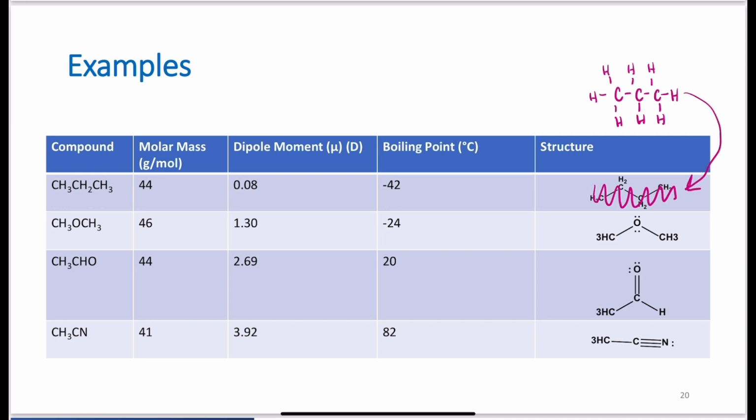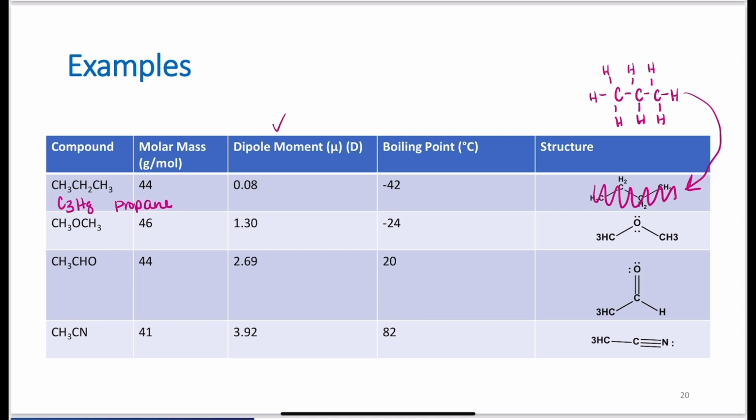First up, though, CH3, CH2, CH3 is just called propane. We have 3 carbon atoms and 8 hydrogen, C3H8, and its molar mass is 44 grams per mole. We have a dipole moment of 0.08.